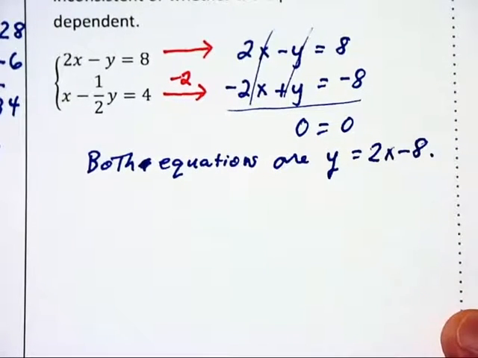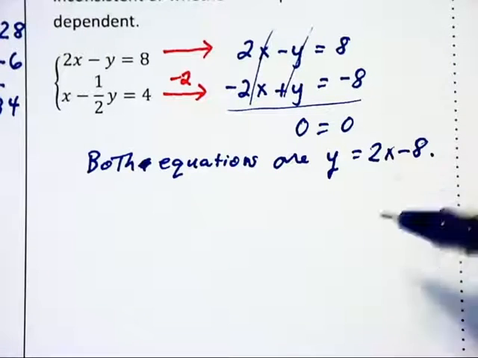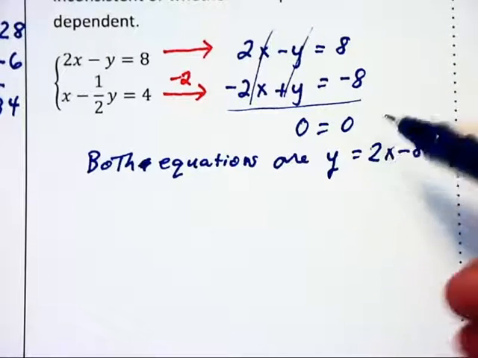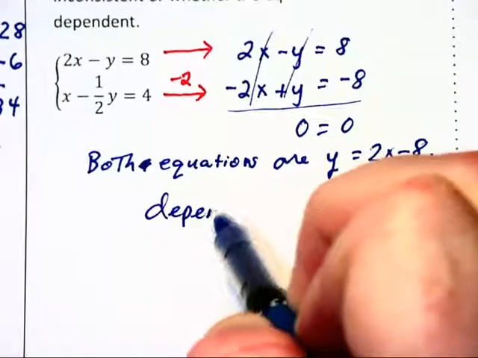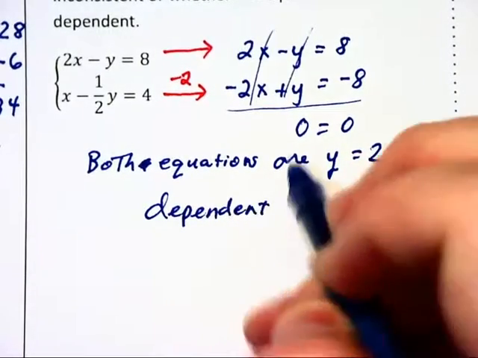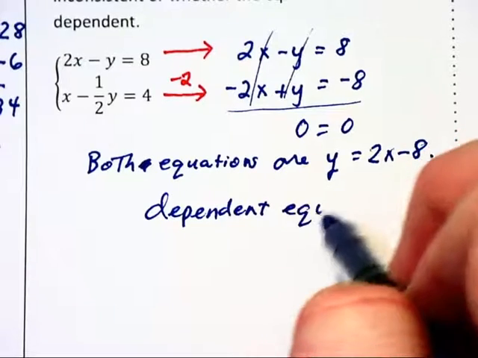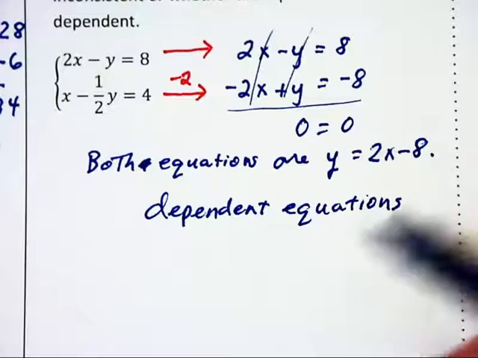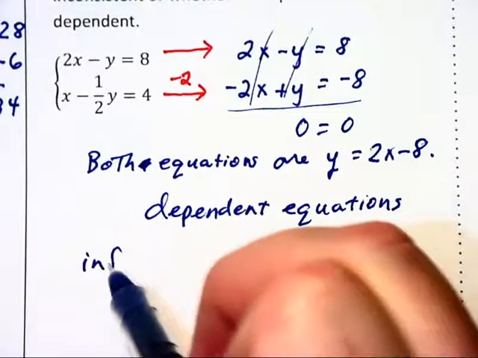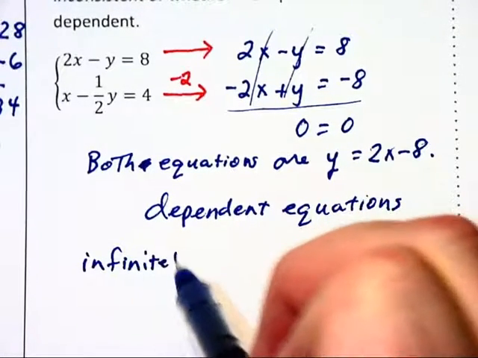We have the same equation, so any points that are on one are automatically on the other. This is a dependent system. We have dependent equations. That means they're not unique, and therefore there are infinitely many solutions.